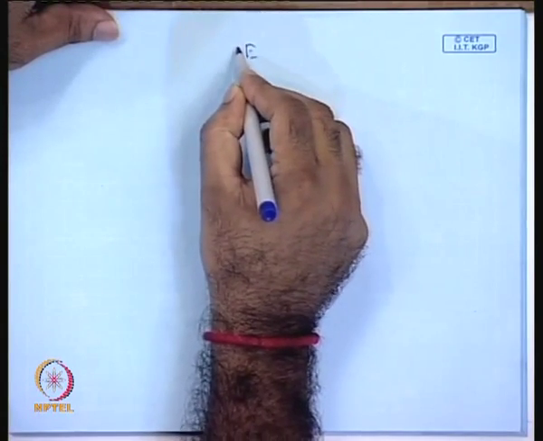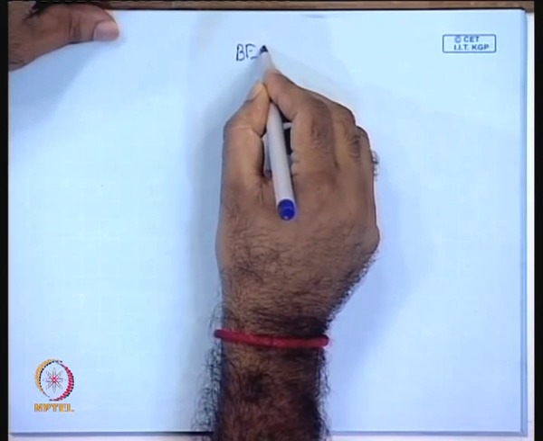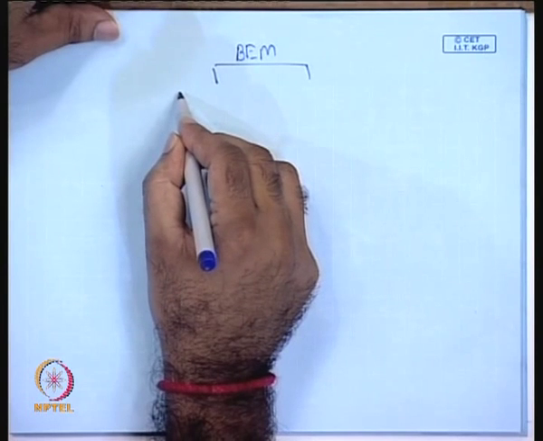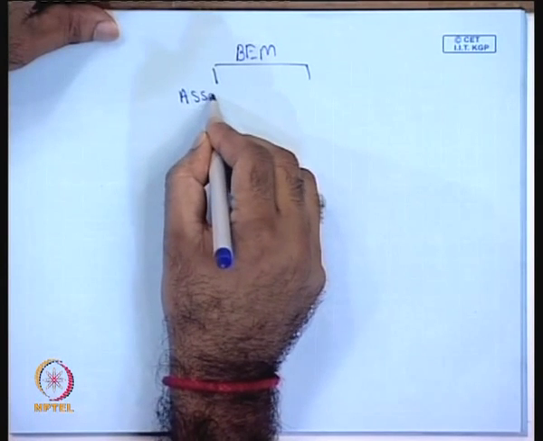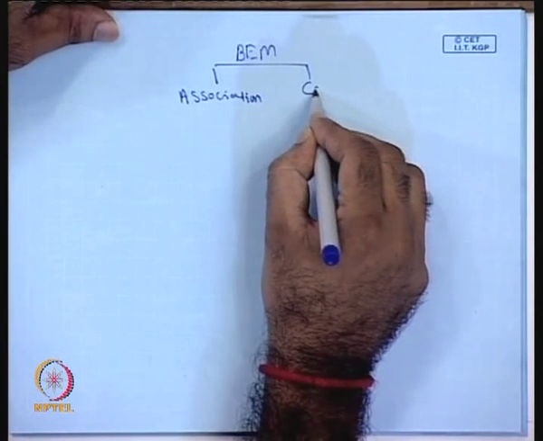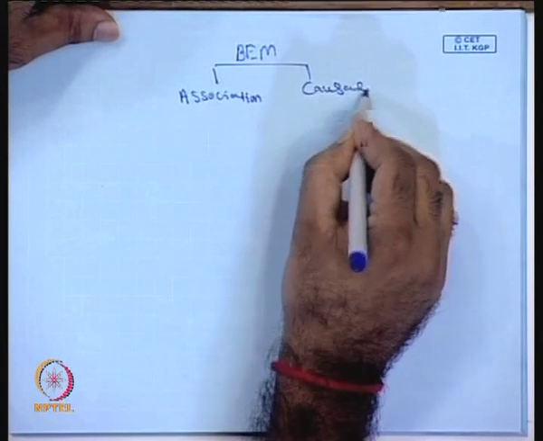So, basically bivariate econometric modeling is divided into two parts: with respect to the degree of association, and second, the causal relation.